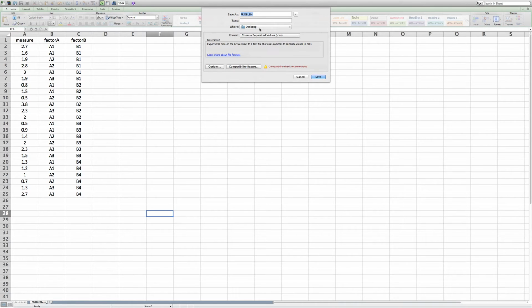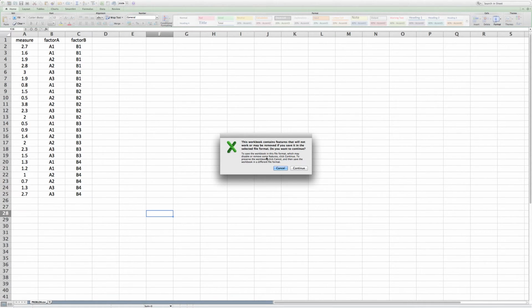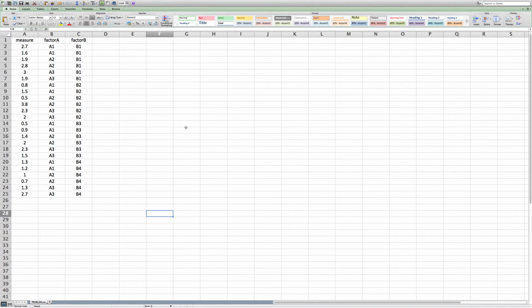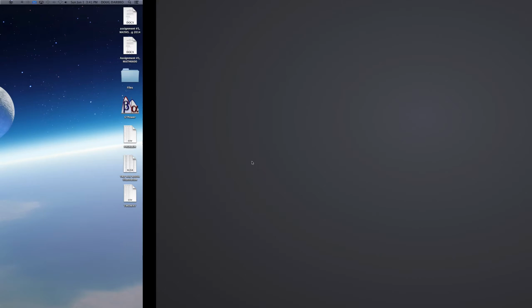I've put it on my desktop and I've saved it in CSV format. So I hit save. It's going to go through a lot of wacky stuff. It's going to make you feel like you're not doing something right, but just hit continue and make it happen. So now I'm going to shut this down because I no longer need Excel, because I don't need to save it again because I've already saved it.